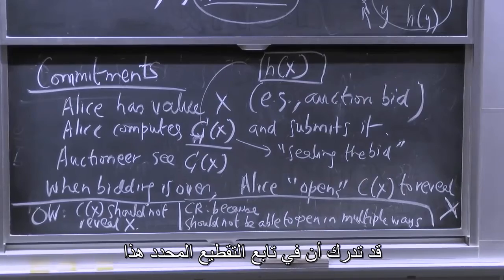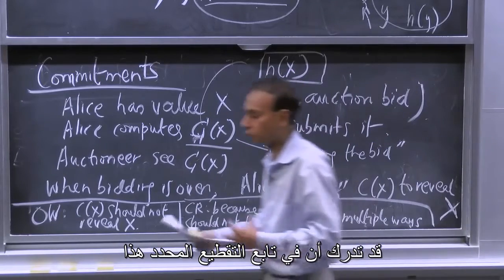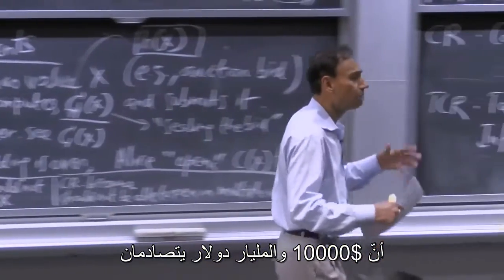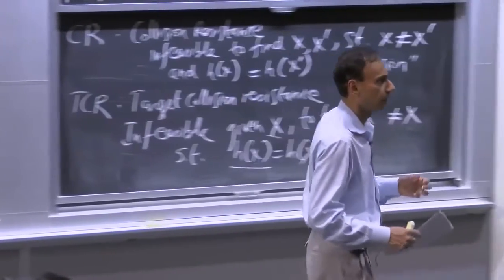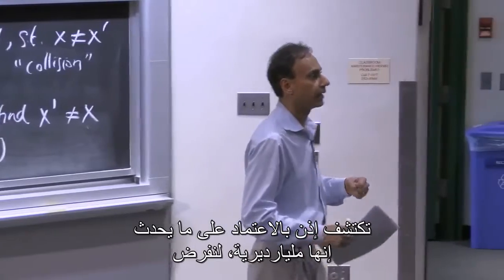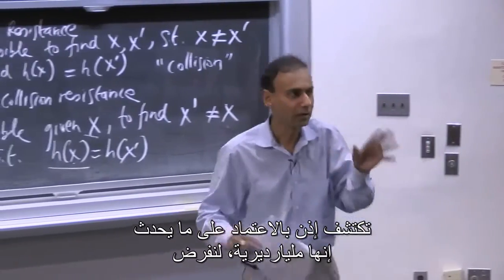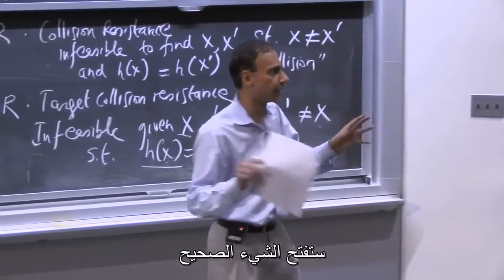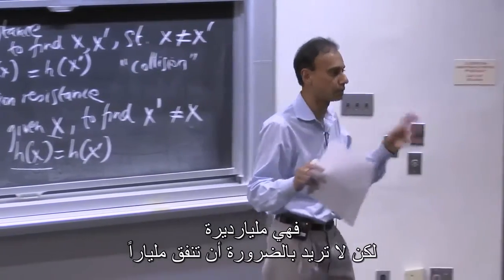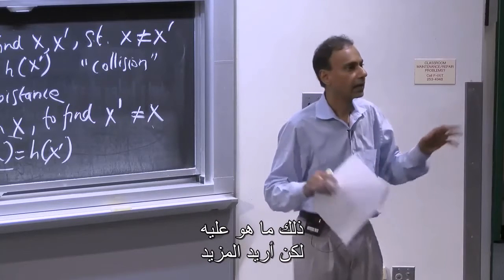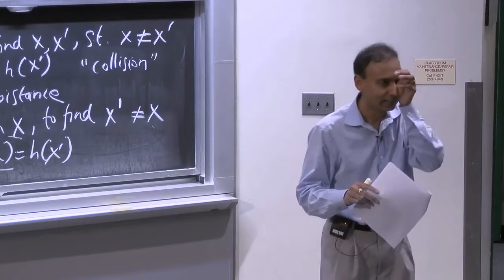She might realize that in this particular hash function, $10,000 and $1 billion collide, right? And so she figures, depending on what happens, she's a billionaire, let's assume. She's going to open the right thing. She's a billionaire, but she doesn't want to necessarily spend the billion, okay? So that's that, right? I want more, right?